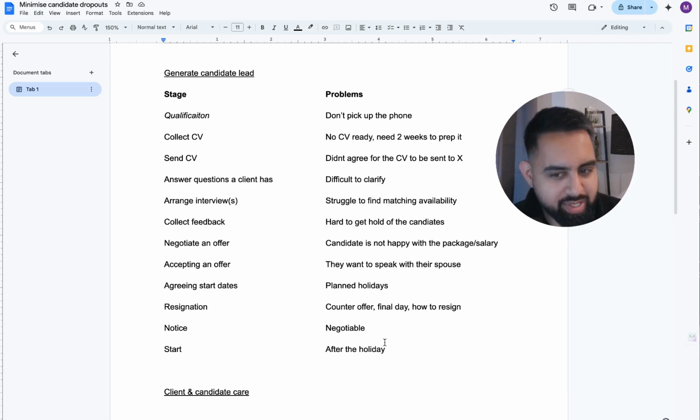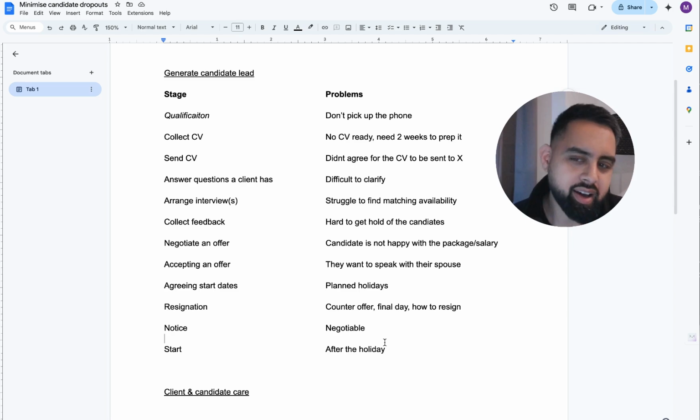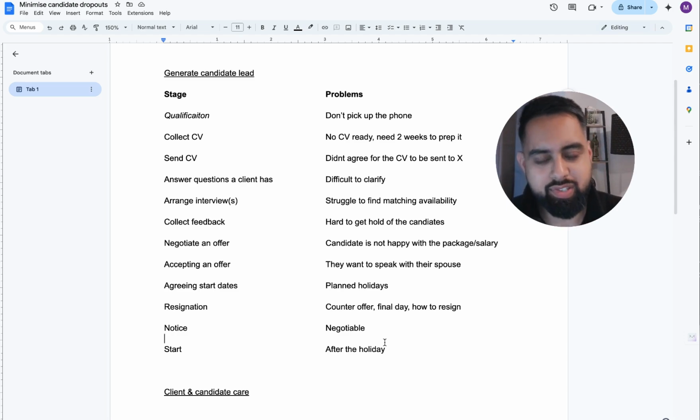The way that I always did it, and this is just something that I practiced for the last few years in recruitment, is whenever I got onto a call with a candidate, I would just ask the question, hey, Mr. Candidate, I'm a recruitment consultant and I specialize in recruiting for the positions that you might be interested in moving into, just so that we're on the same page. Why are you even talking to me?